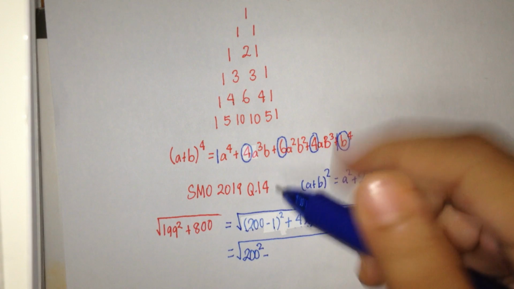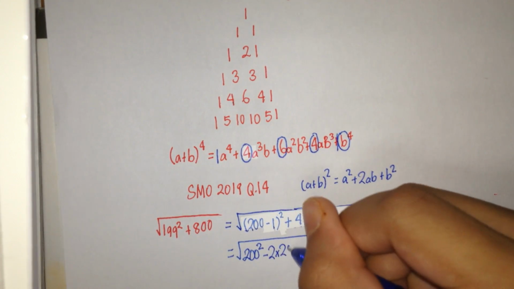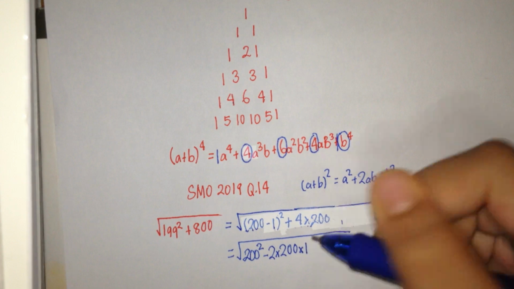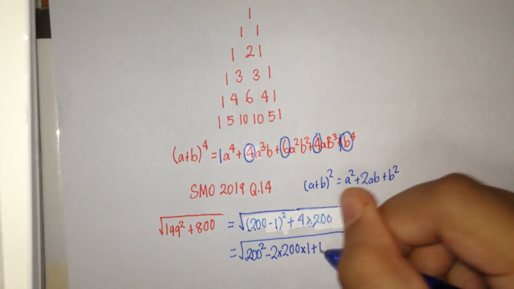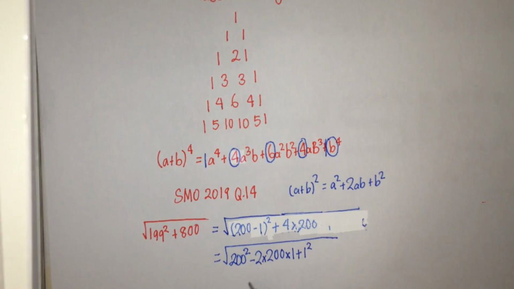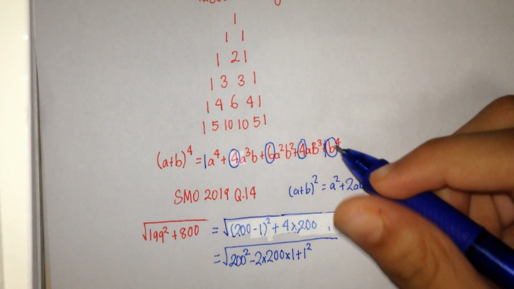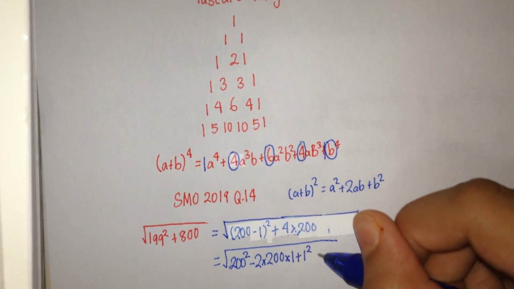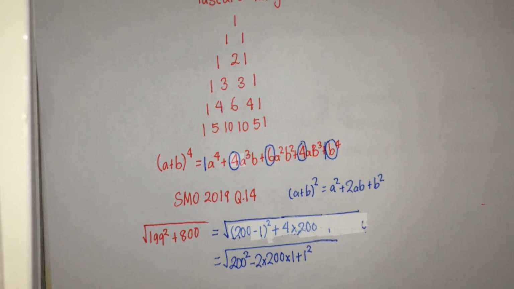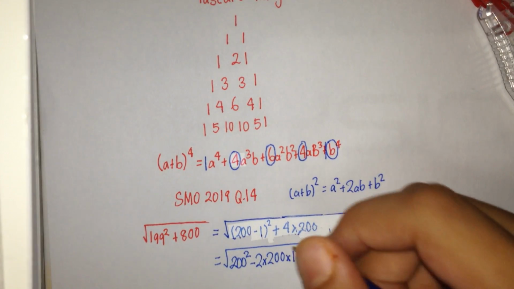So 200 square minus 2 times 200 times 1 plus 1 square. This is already representing 200 minus 2ab. And this would follow with plus 400, plus 4 times 200.